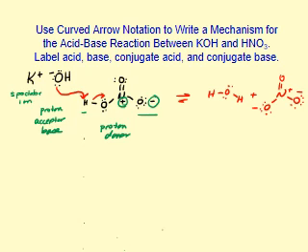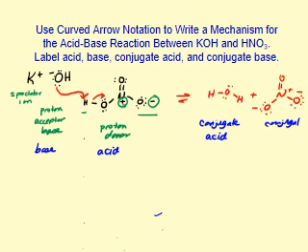And if we were to think about it in the reverse, the water could, of course, donate a proton, and so therefore would be our conjugate acid. And it, of course, came from our base of the hydroxide. The nitric acid is our acid, and the nitrate is now our conjugate base.